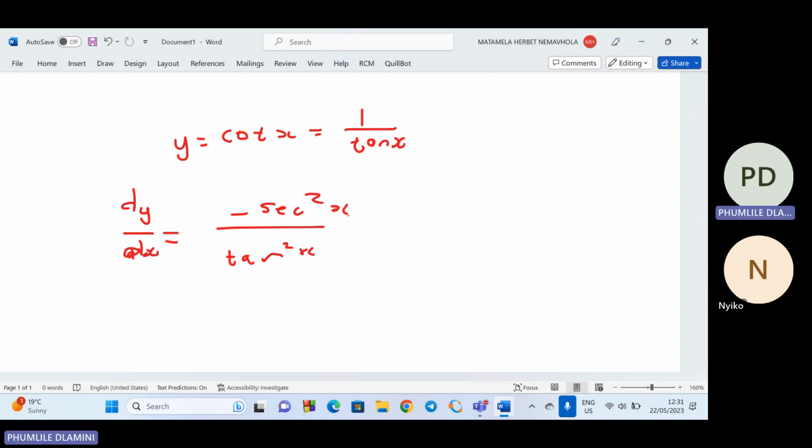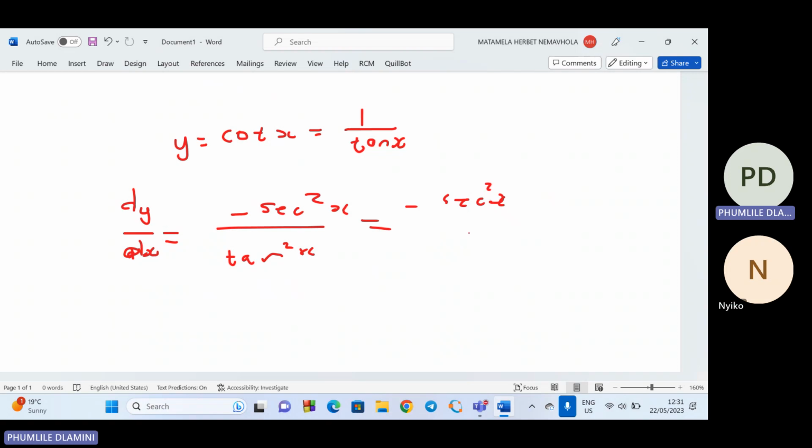So now, if we check here, we're going to have negative sec squared x over tan squared x.